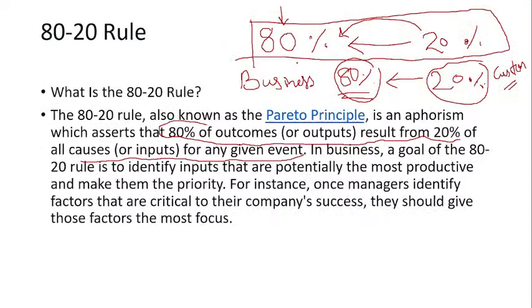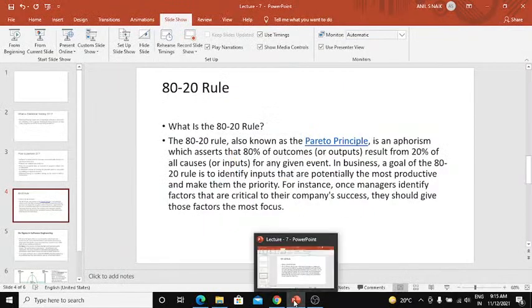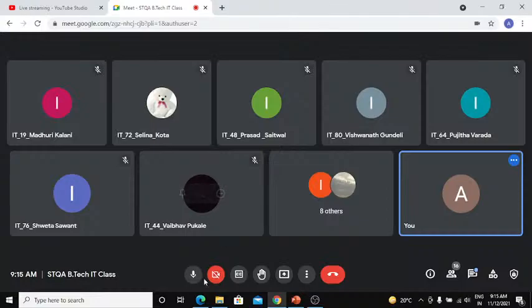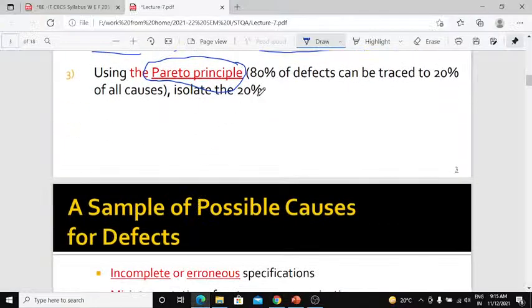So with this 80-20 rule or Pareto principle, 80% of the defects can be traced to 20% of all the causes.